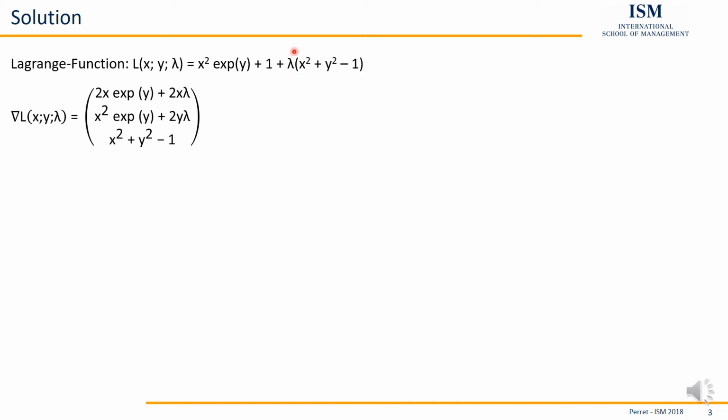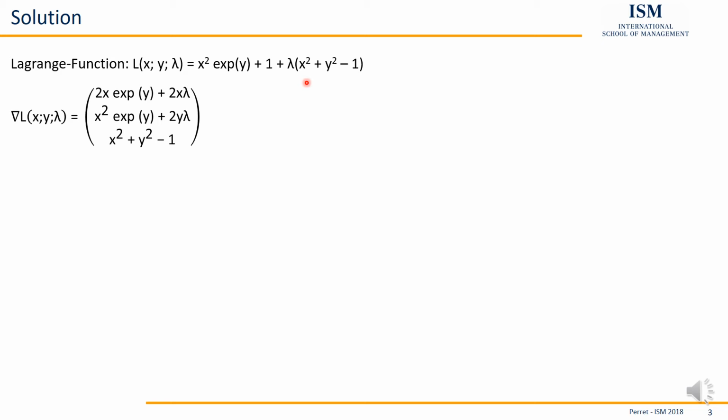That's the only place where lambda exists. All these parts don't contain a lambda, so we can simply copy the expression in parentheses down here. Meaning the third derivative for the corresponding Lagrange multiplier always is the respective function g, the respective constraint.